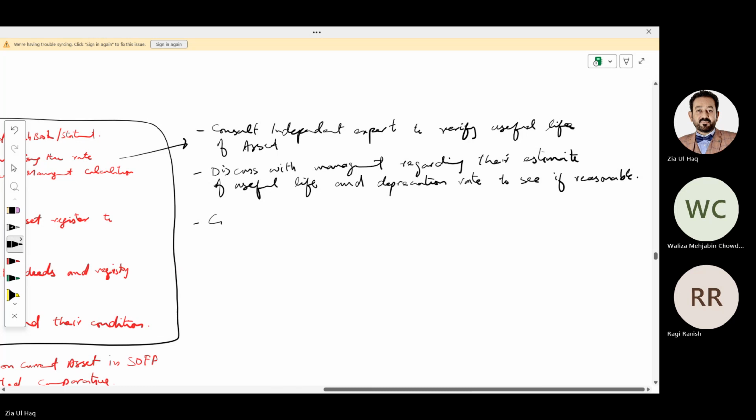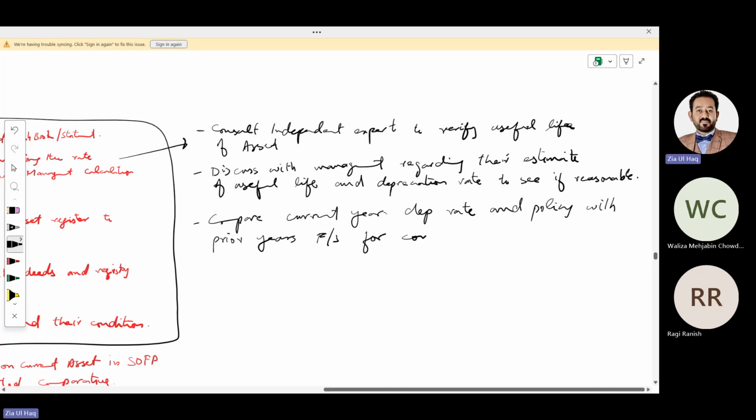Compare the current year depreciation rate and policy with prior years' financial statements for consistency.